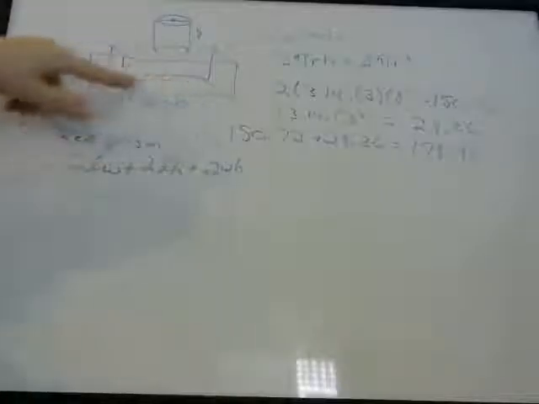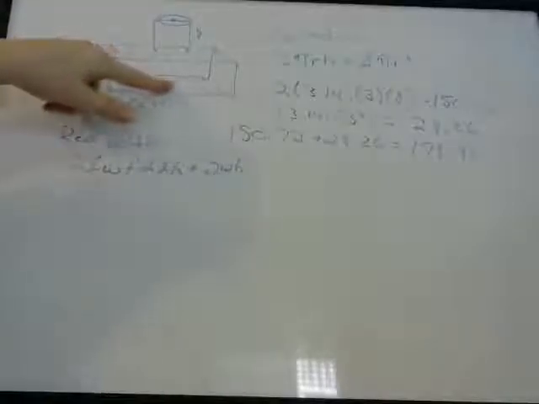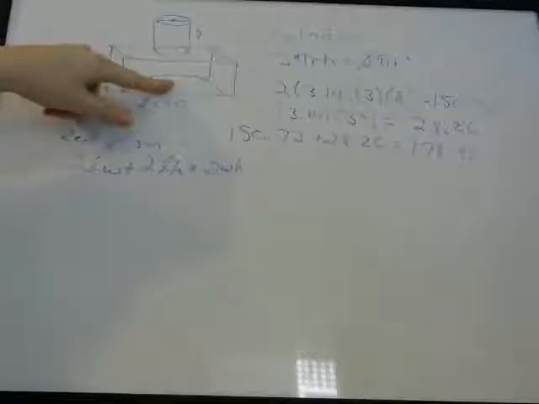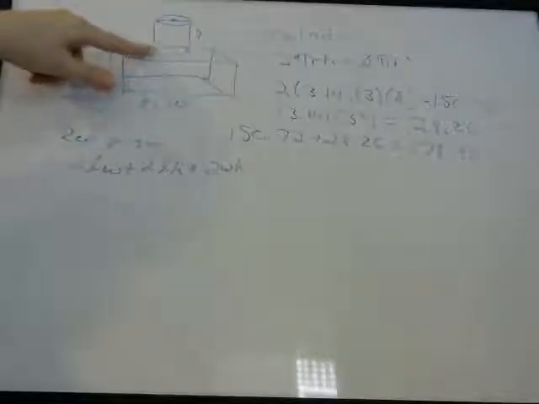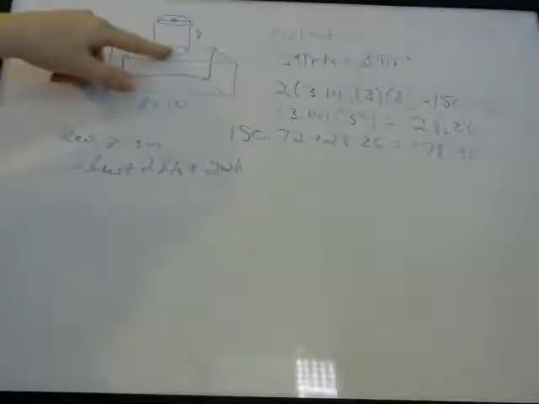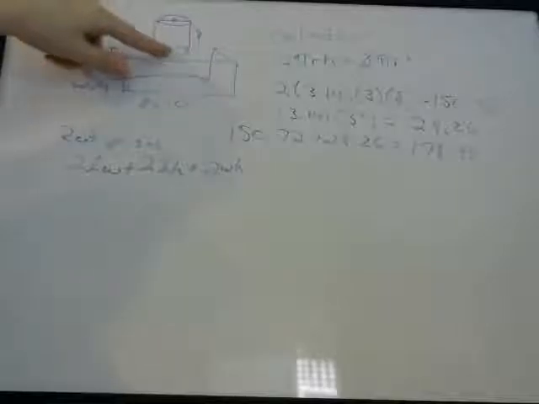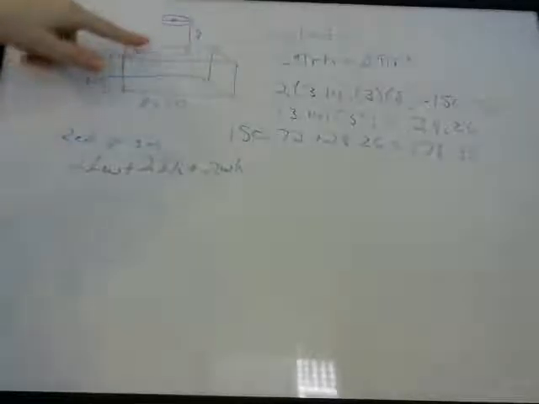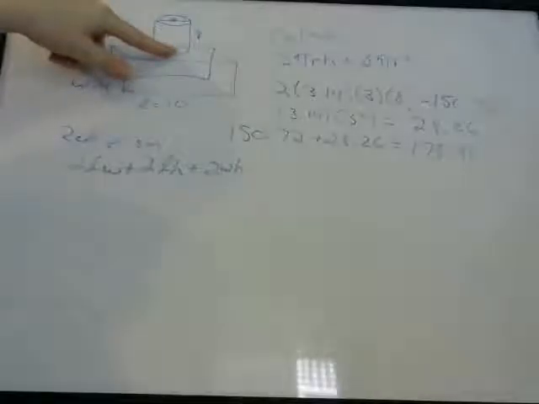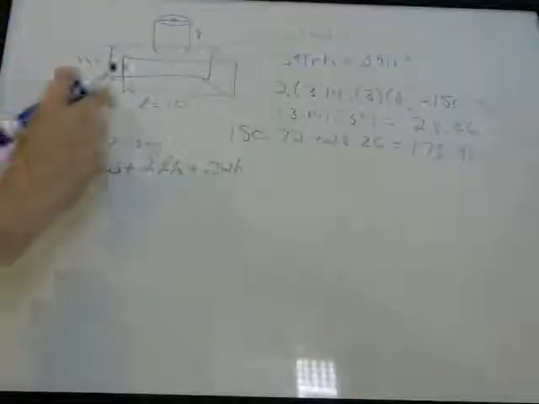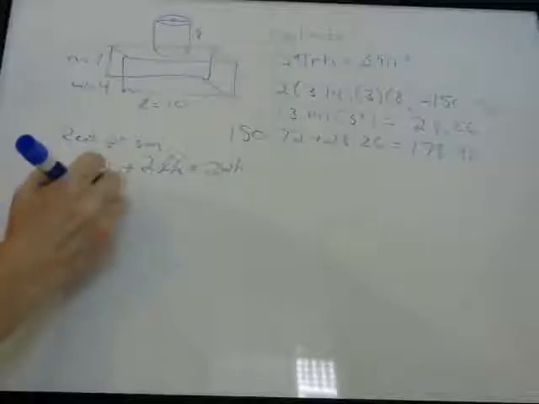Length times width is giving us the area of this bottom face. We're multiplying by 2 because we have 2 of them. Now, later we're going to subtract out the top of that cylinder, because we're not going to paint that. That's how you do this, you find the total thing and you subtract out what's not going to be painted.